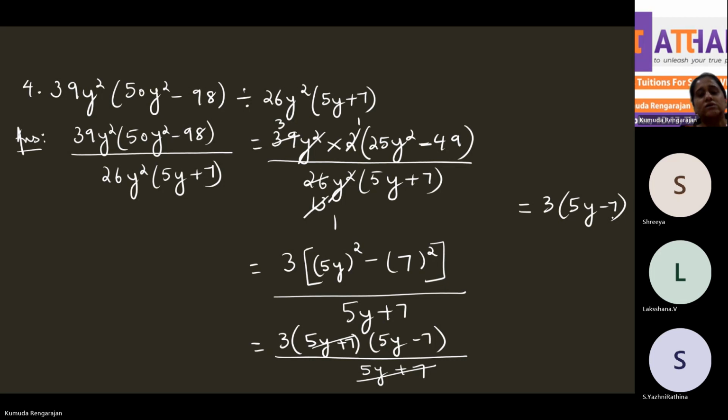All right, children. So the expressions which have to be factorized in the numerator can be of the form a square minus b square, which should be factorized as a plus b into a minus b. Or the expression in the numerator can be a quadratic one, which has to be factorized by splitting the middle term. So we have encountered these two situations so far.